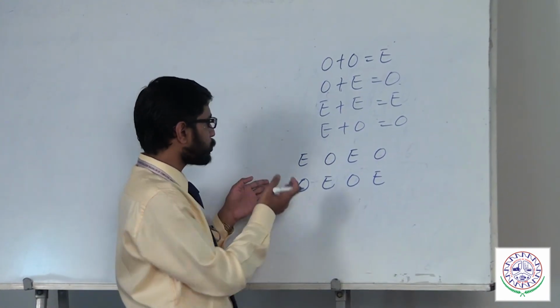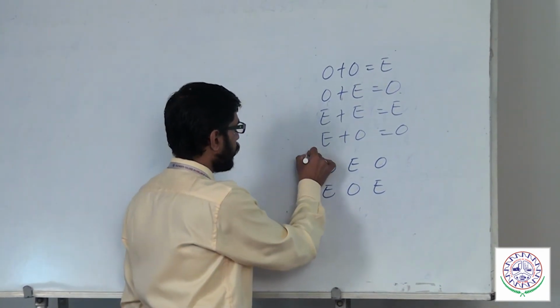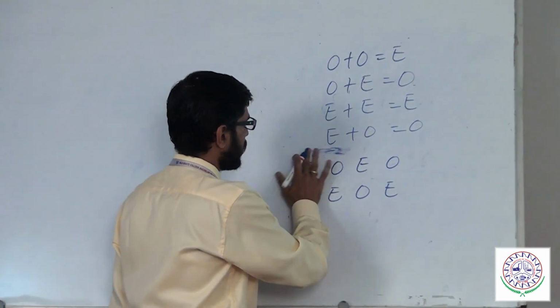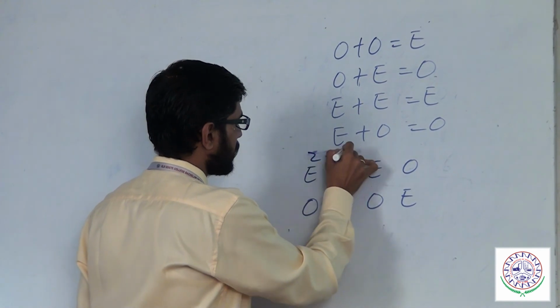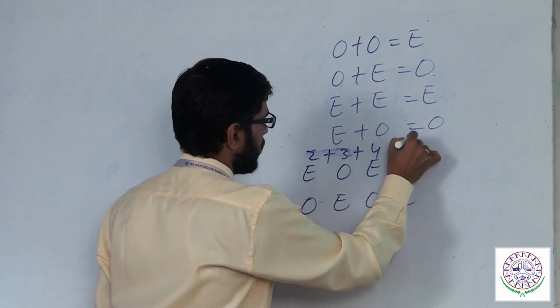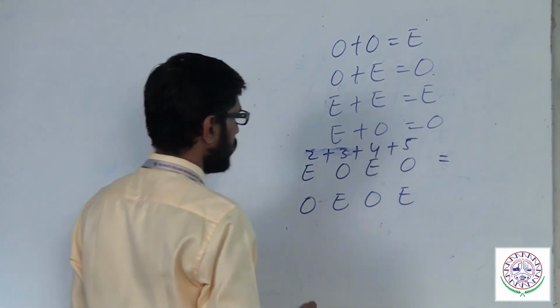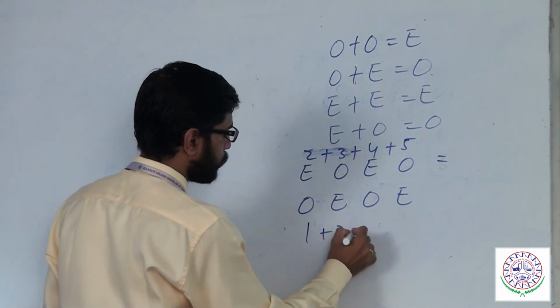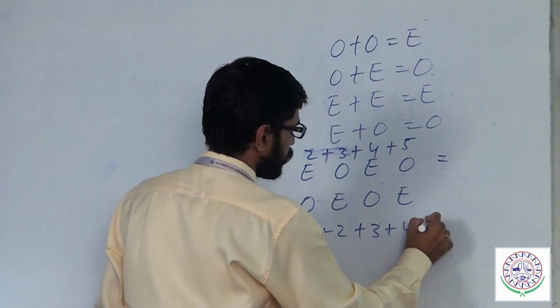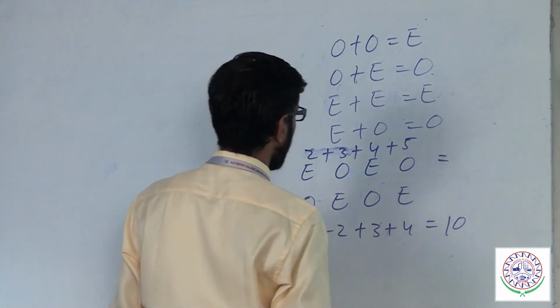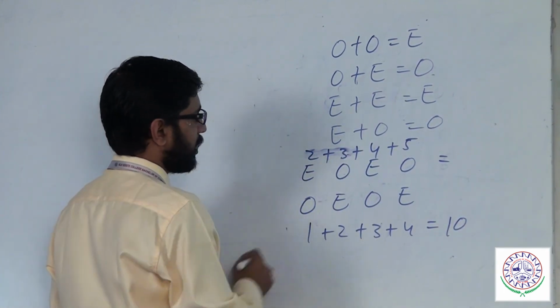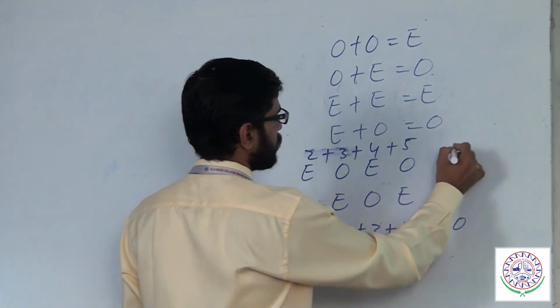Or even if you substitute any value, for example if you start with 2 plus 3 plus 4 plus 5, your answer will be even. Or if you start with 1 plus 2 plus 3 plus 4, this will be 10. Or if you take 2 plus 3, that is 5, 5 plus 5 is 10, 10 plus 4 is 14.